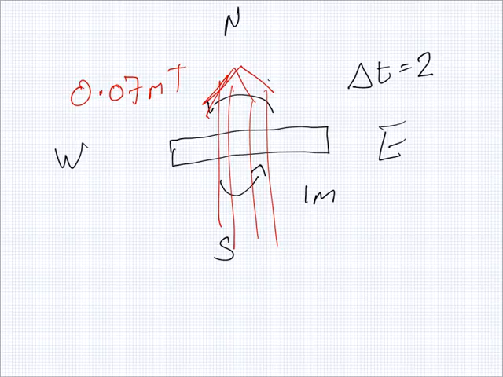Hang on. Which rule do I need? Left or right hand? Right hand rule. So the motion would be upwards. F, B, I: F up, B up, current to the left. Yeah, okay, so I think I have this right.